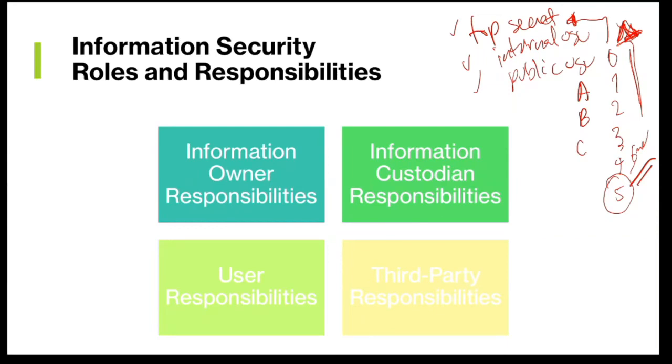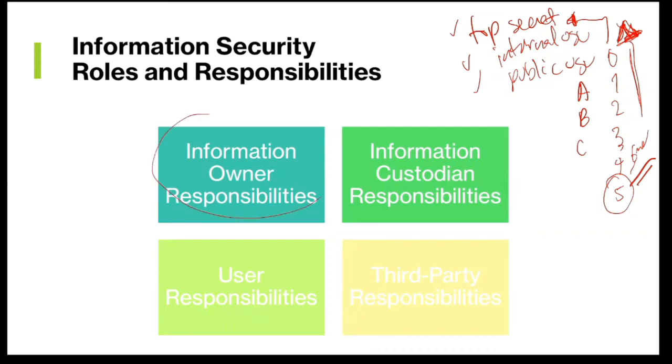Now, to determine yung classification, it comes from the roles and responsibility of persons within the information security. Now, there are four people: the owner responsibilities, the information custodian, the user, and the third party.